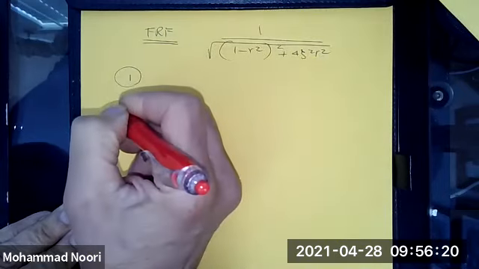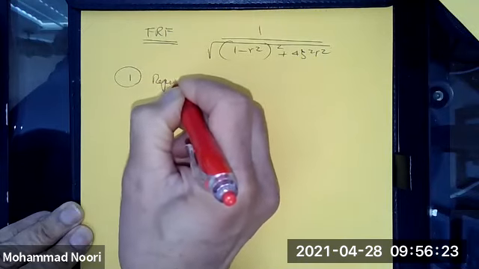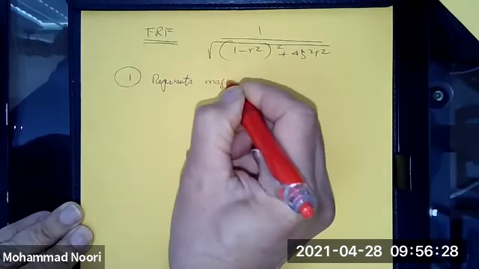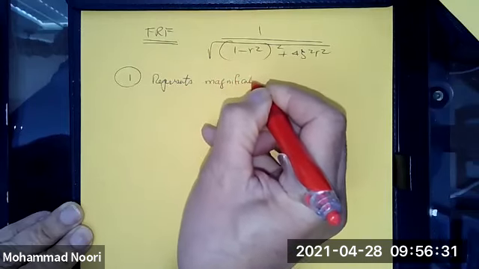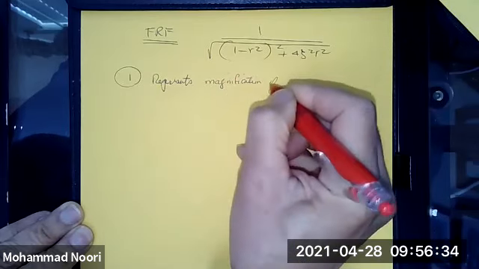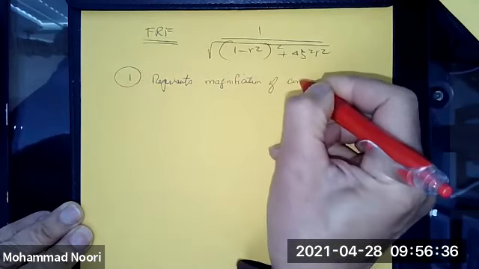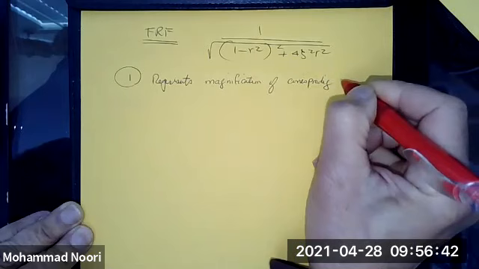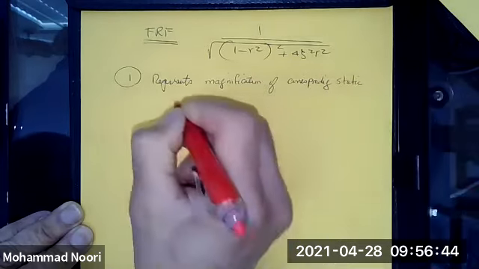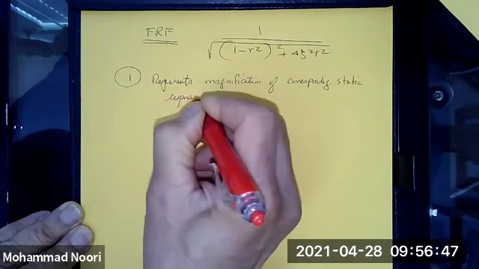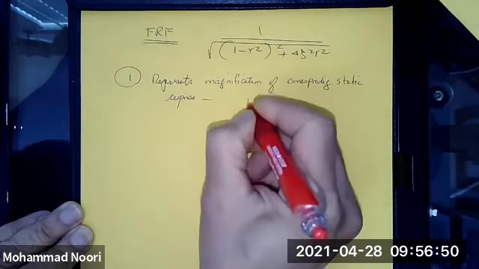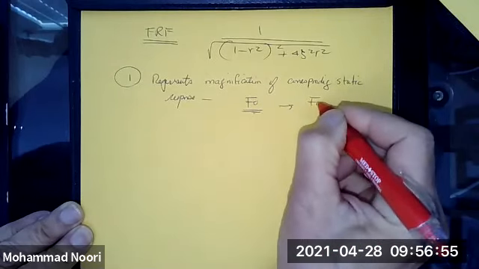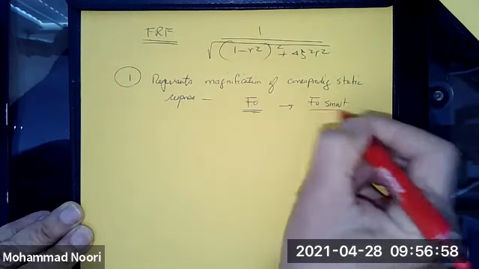This frequency response function represents the magnification of the corresponding static response. This is the first thing we learn. In other words, static response under F naught, dynamic response under the cyclic load.